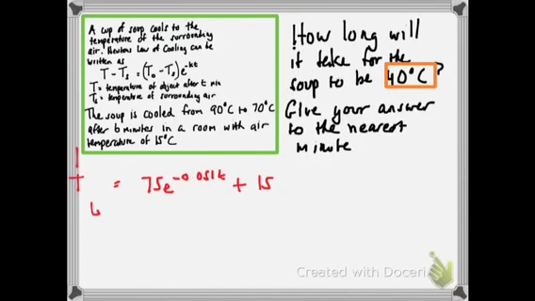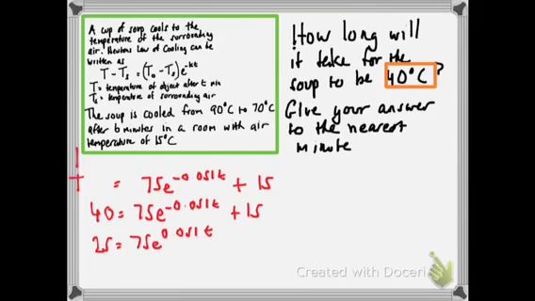So 40 equals 75 e to the power of negative 0.051t plus 15. Take the 15 across, we get 25 equals 75 e to the negative 0.051t. Divide through by 75 if we want, or we can solve directly from there.